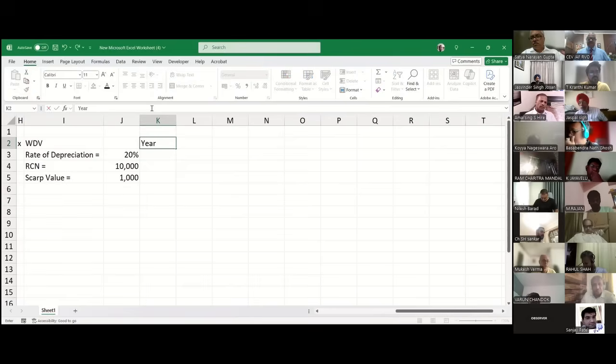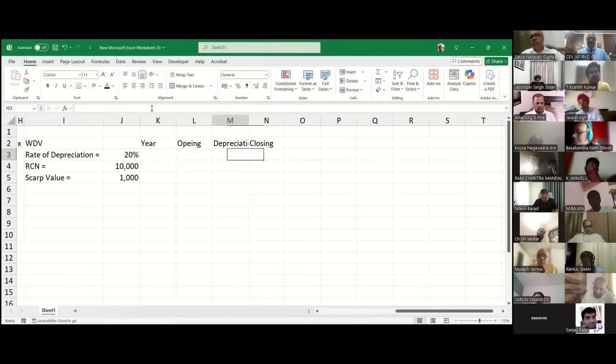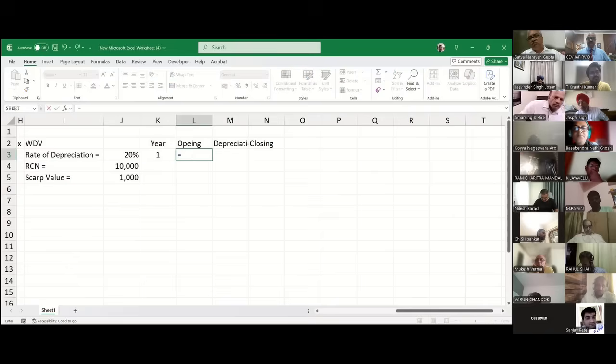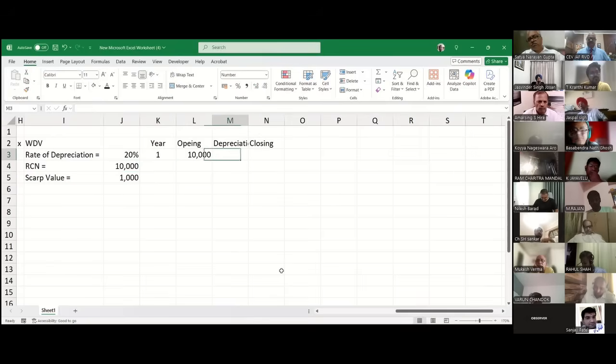So first year: opening, depreciation of the year, and closing. The first year, your opening will be your replacement cost, that is 10,000 rupees.